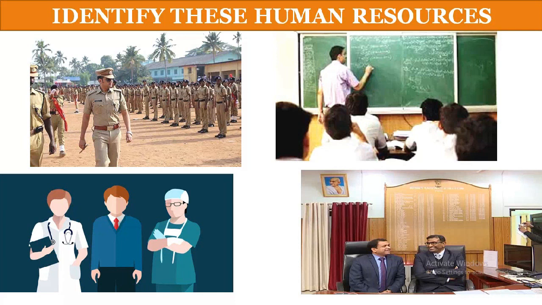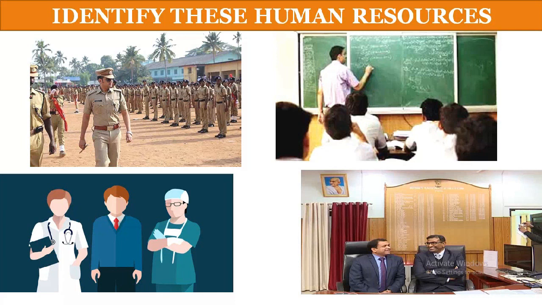Now students, having studied about human resources, let us try to identify these human resources. There are a few images, and I would like you to identify these people and to also describe how they serve as human resources.